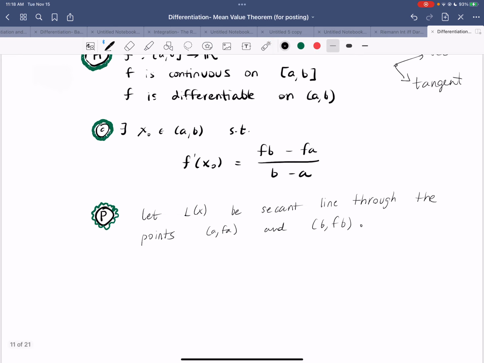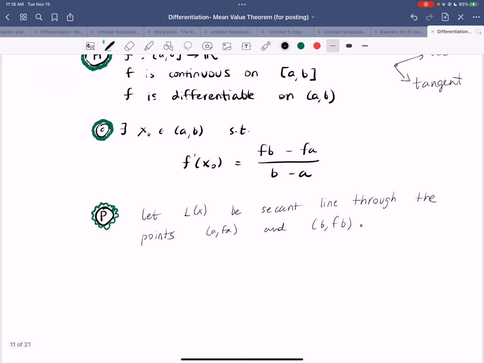So the question is, is f of A the same as L of A? And the answer is yes, because we're looking at the line L of x through these 2 points. So L of A is constructed to be the same as F of A, and L of B is constructed to be the same as F of B, right?